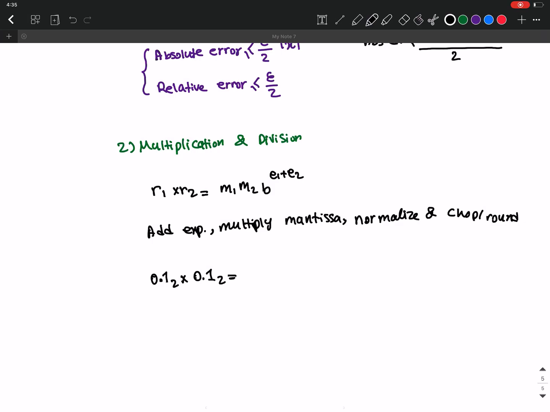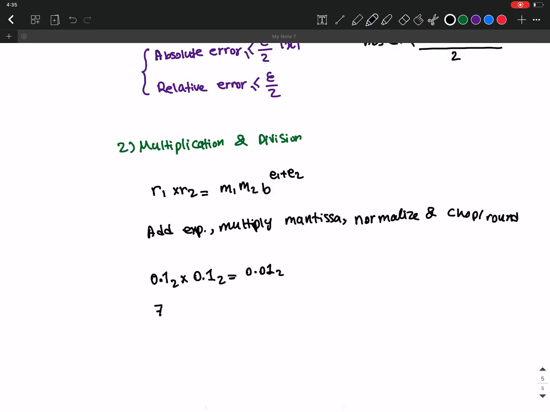The exponents are 2 to the power 0 for both of them, so 2 to the power 0 plus 2 to the power 0 is going to be 2 to the power 0. So it's going to give me just 0.01 in base 2. And this is already normalized.